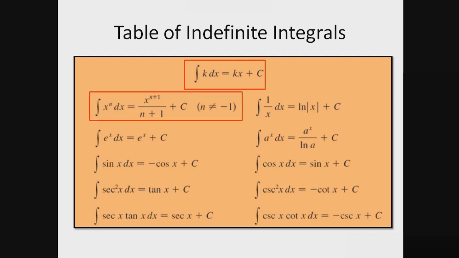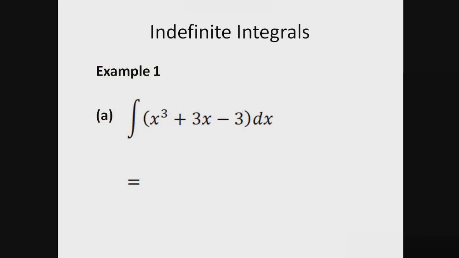The second property is the integral of x to the power of n dx. For this integral, we have to add 1 to the power, giving x to the power of n plus 1, and then at the denominator we put the new power that we have added, plus c.